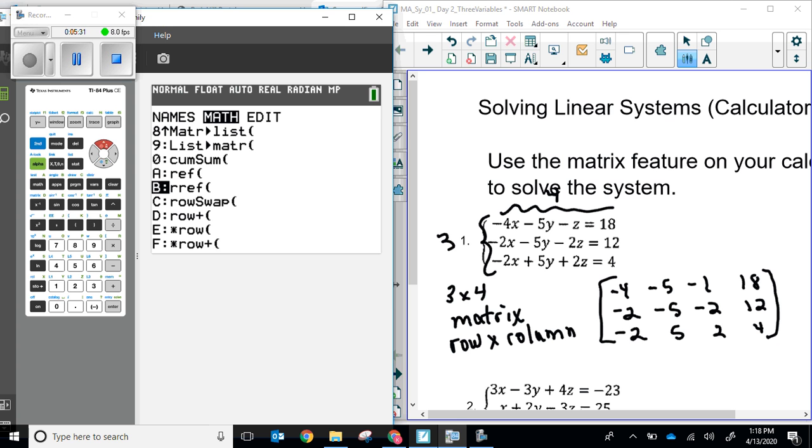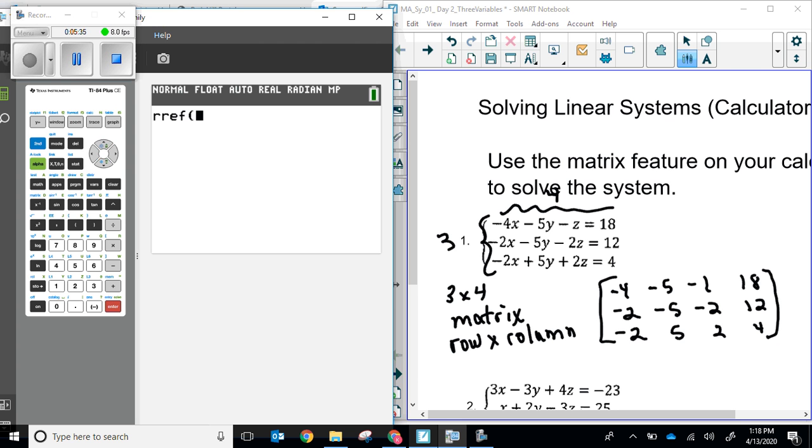So basically it's going to solve it for us. So press enter. Now you need to go back and get the matrix A. So second matrix, matrix A, enter. So it should say RREF matrix A. If you press enter, you get what's called the answer matrix.